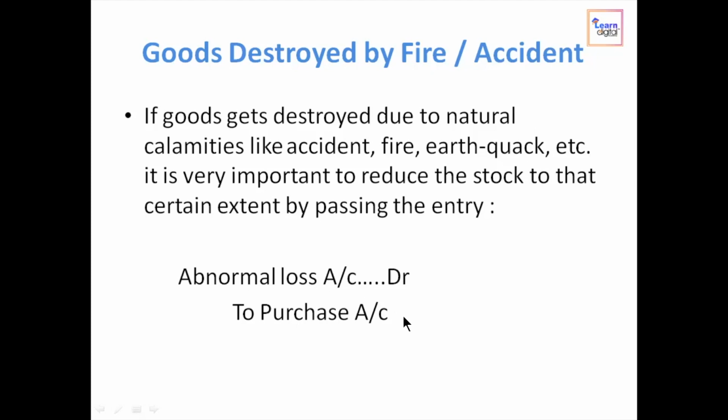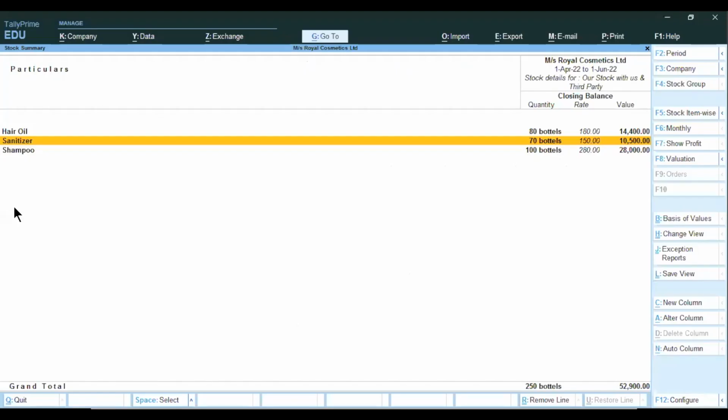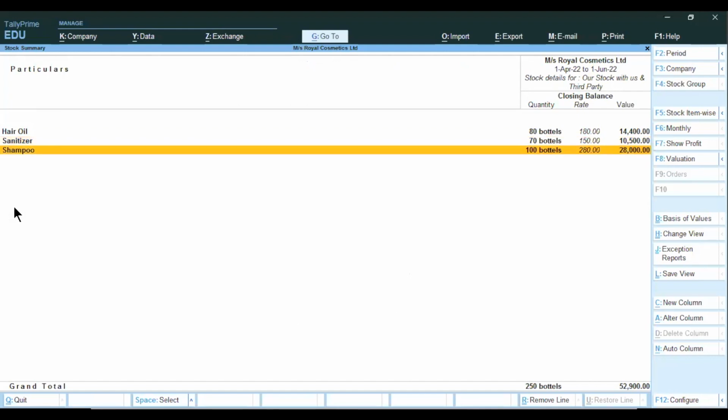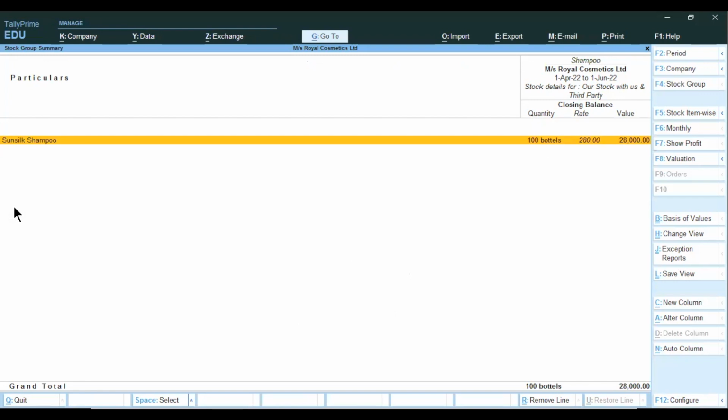So the example based on our question is, suppose we have 100 bottles of Sunsilk shampoo in our stock. Rate is 280 rupees, and 25 bottles were destroyed due to fire that took place in our godown, or we can say destroyed due to accident.